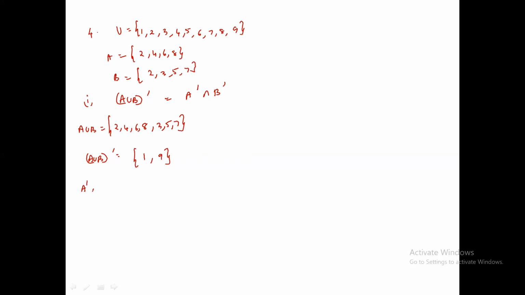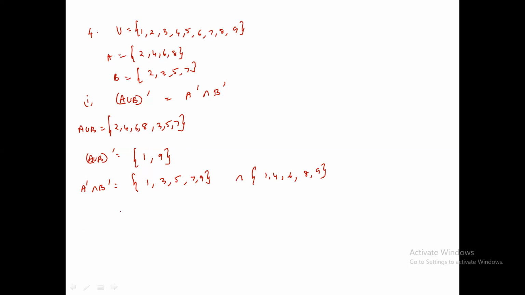Next we will take A dash intersection B dash. A dash is from U, you remove 2, 4, 6, 8. 1, 3, 5, 7, 9 intersection B dash. From U, you remove 2, 3, 5, 7. Left is 1, 4, 6, 8, 9.